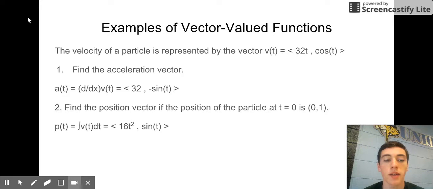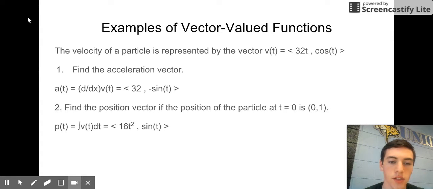So now we have at t equals 0, the position, which is correct because it's not a velocity vector. The position is (0, 1), so if we plug in 0 into the x value, then we know that c equals 0. But if we plug in t equals 0 into sine of t, we get 1.